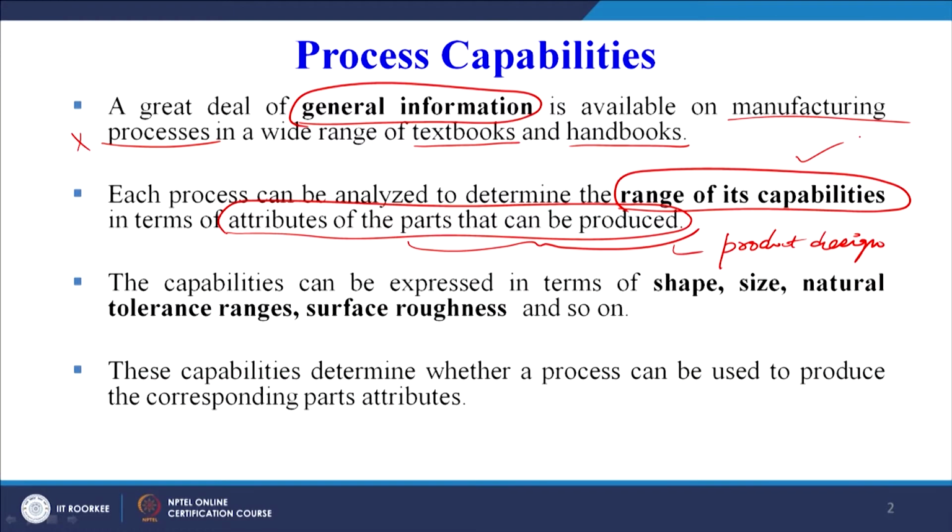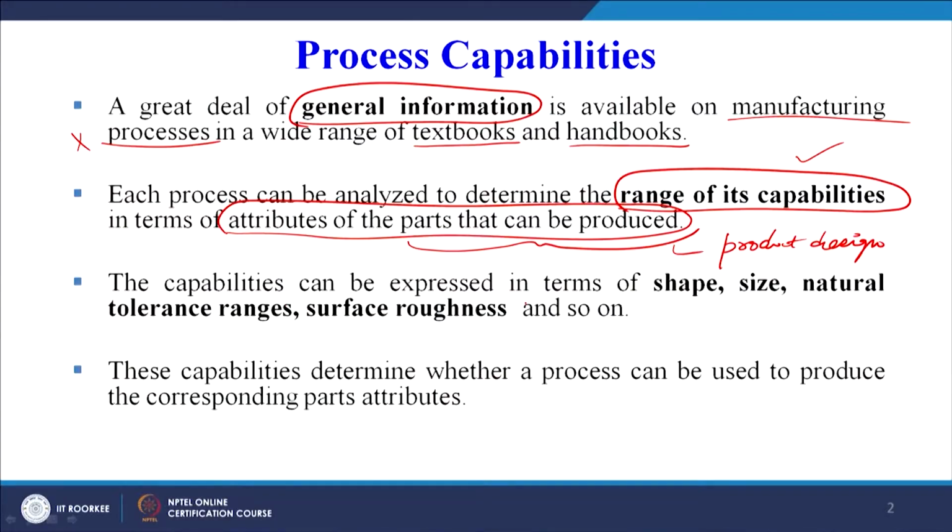We must know that casting is capable of producing this type of product, or machining is capable of producing such type of surface finish, or forging is capable of giving me this much strength in my final product. So that capability we must be able to understand, we must be able to highlight, we must be able to keep in our mind while we are designing the product.